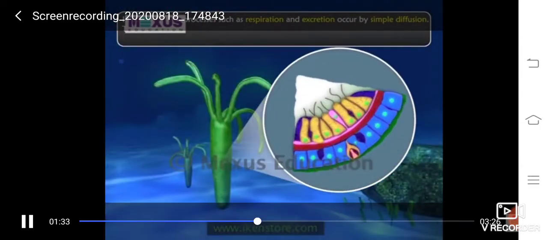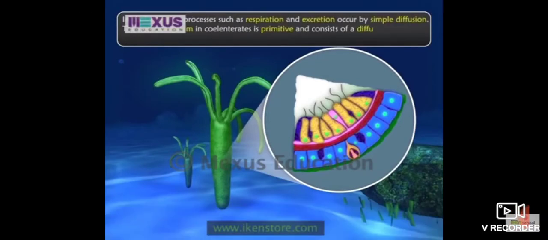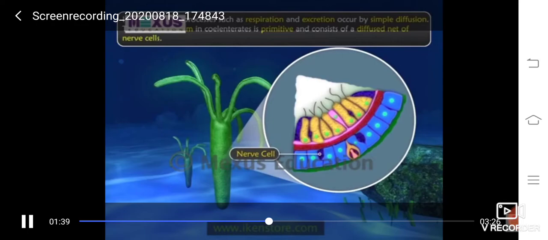The nervous system in coelenterates is primitive and consists of a diffuse net of nerve cells. So respiration and excretion occur just by simple diffusion. It just goes in and comes out.